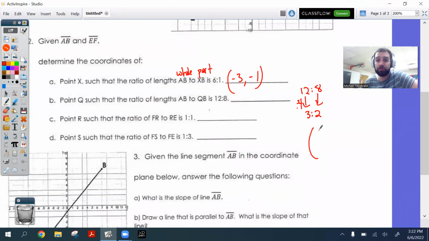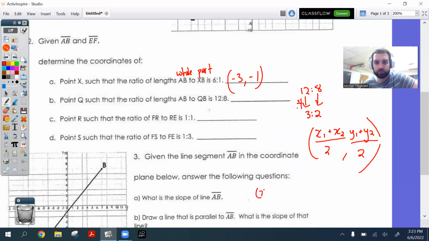Midpoint formula, if you don't remember: if we have 2 points, x1, y1, and x2, y2, it's just the average of the x's and the average of the y's.